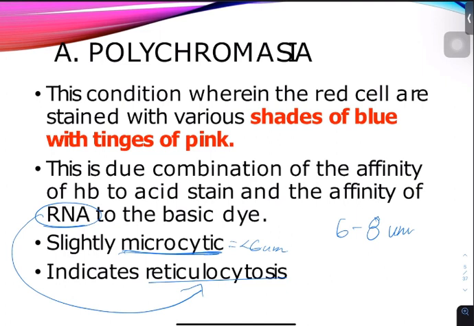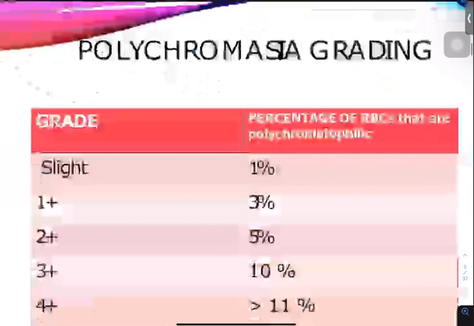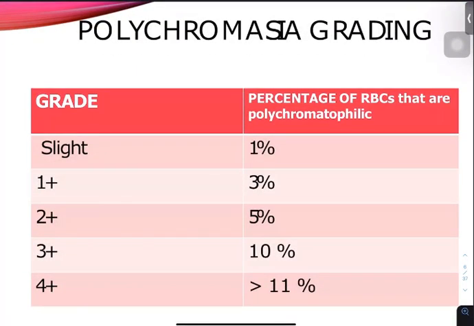Next, how do we grade polychromasia? We grade it as slight, 1 plus, 2 plus, 3 plus, and 4 plus, based on the percentage of your RBCs that are polychromatophilic.